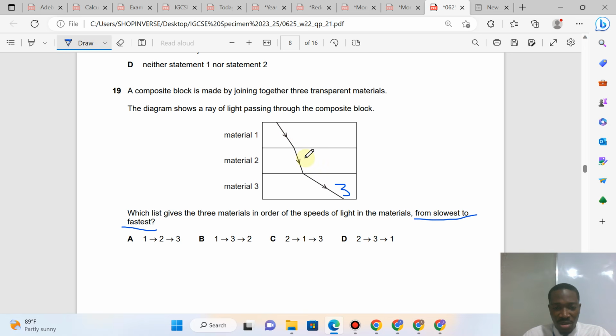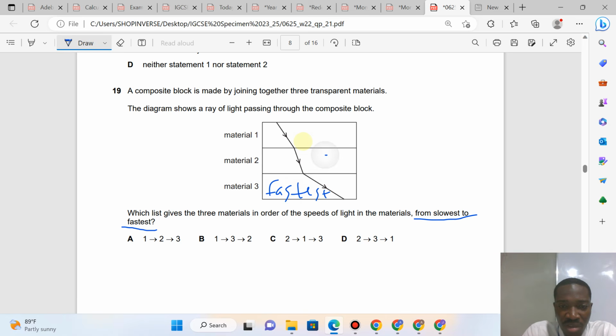So the waves will be slow here, okay? But here, they will be a bit slow, but not as slow as here. But this is where the waves are fastest. So this is where the waves are slowest, in medium 2. Then this is where the waves have moderate speed, medium 1. I'm not supposed to write 1, 2, 3 here, I'm just supposed to write where the waves are fastest.